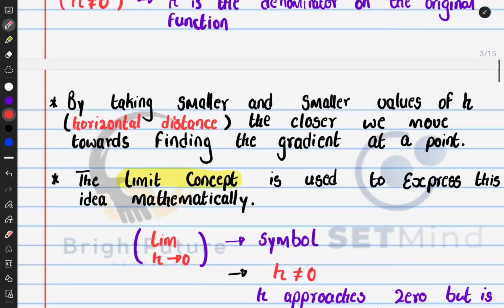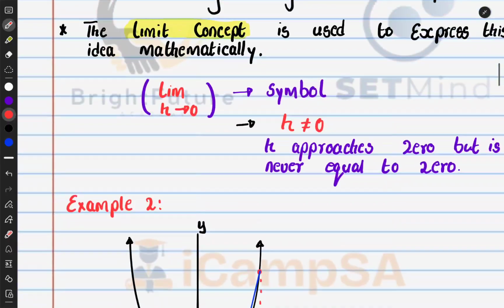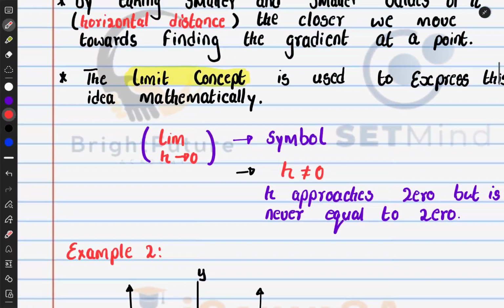So by taking smaller and smaller values of h, we are moving closer and closer towards finding the accurate gradient at a point. And this is what we call the limit symbol. Here we have the symbol of the limit concept.